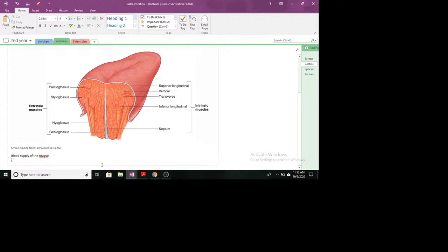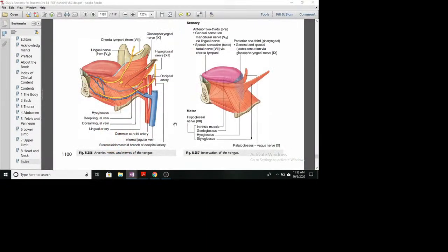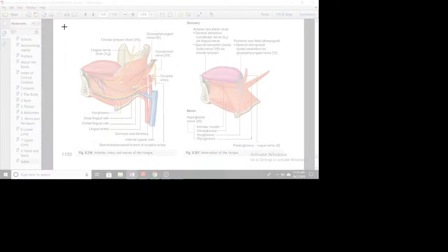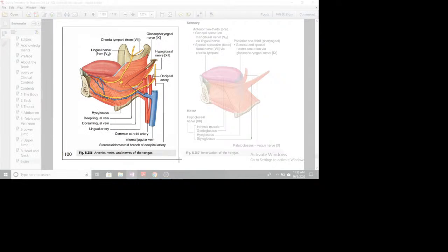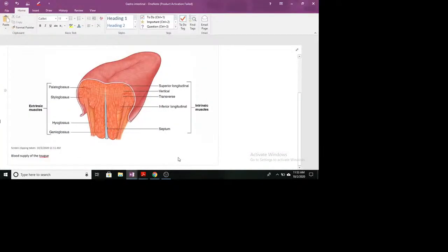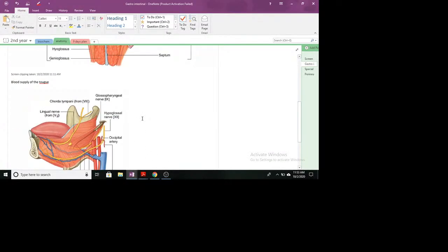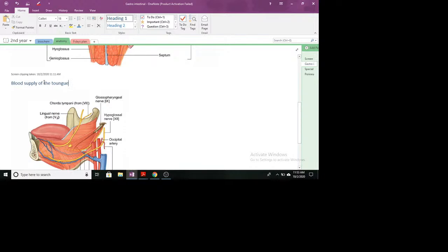Now we're going to do the screen clipping. So this figure not only shows the blood supply, it also shows the nerve supplies.